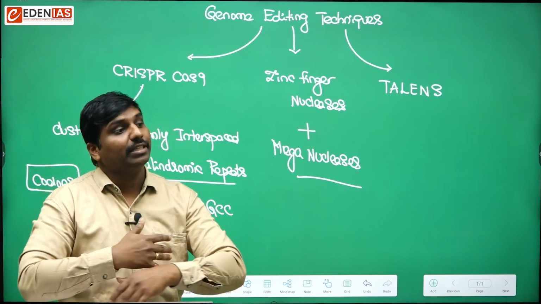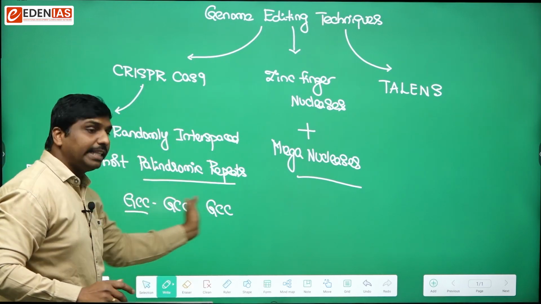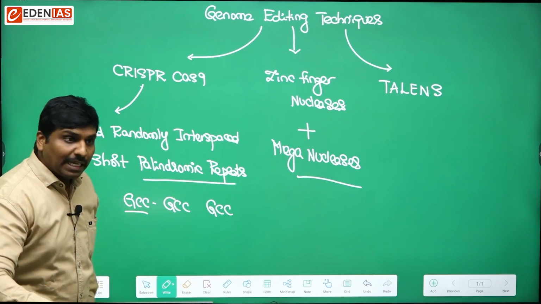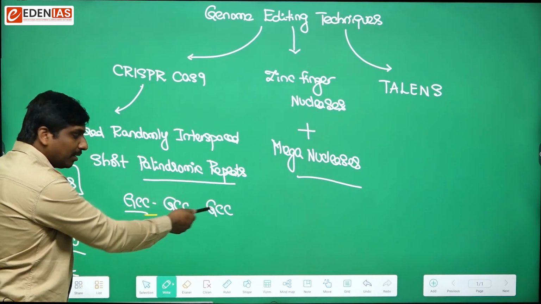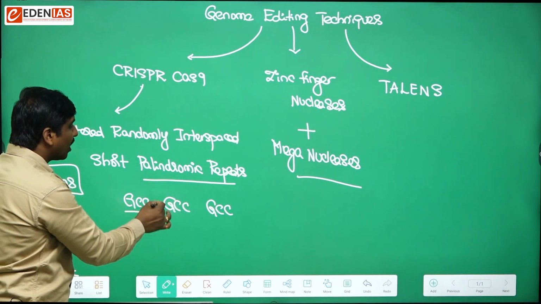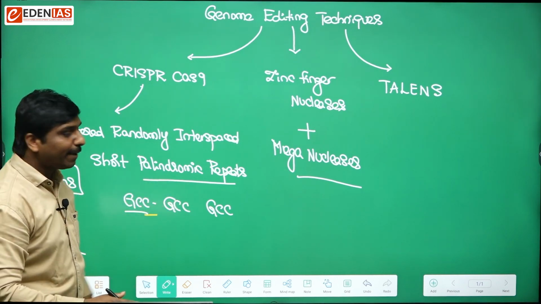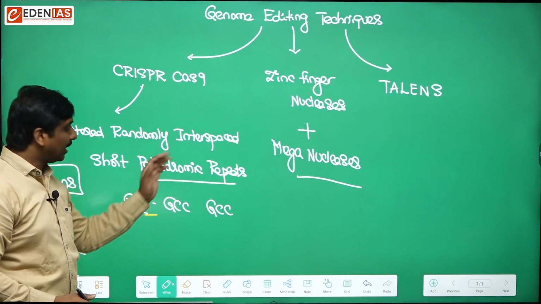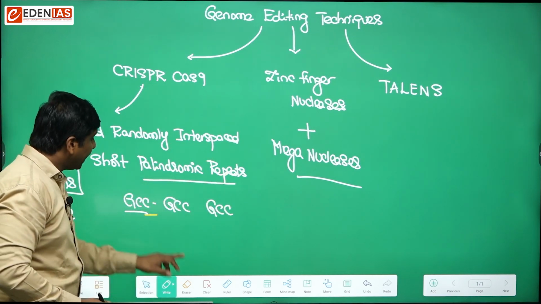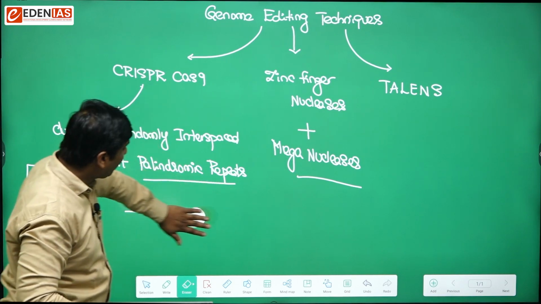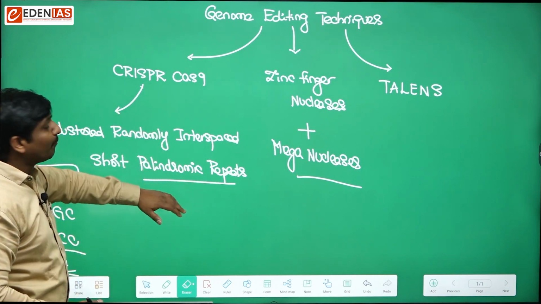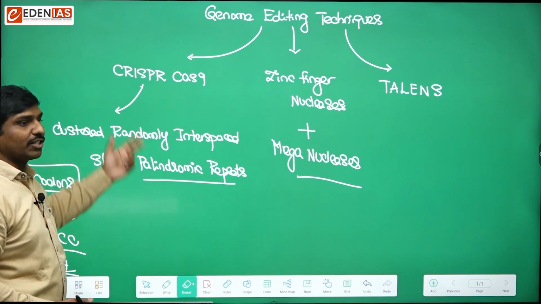That can be the frequency of how they are repeated in the genetic composition. Such short repeats are known as palindromic repeats. So here we will be altering such things.